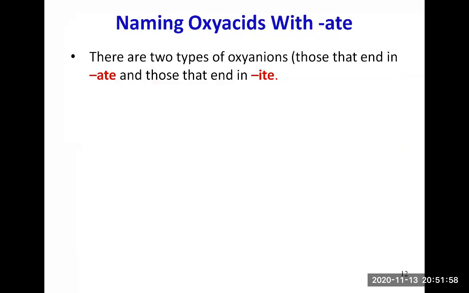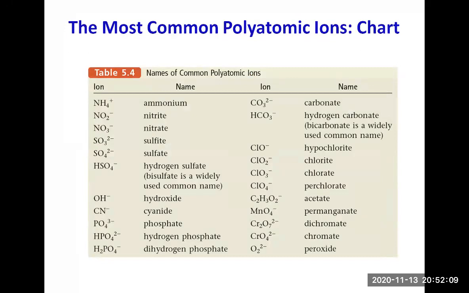So how do we name oxyacids? There are two types of oxyanions, those that end in ate and those that end in ite. If you noticed in the table earlier, I've named all the ones ending in ate, but there is also the same type ending in ite. So that's the most common endings for the polyatomic ion.